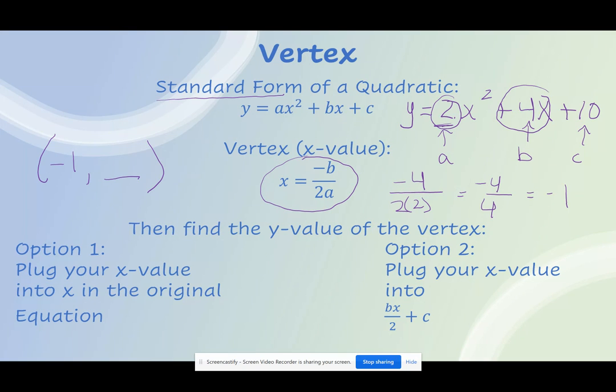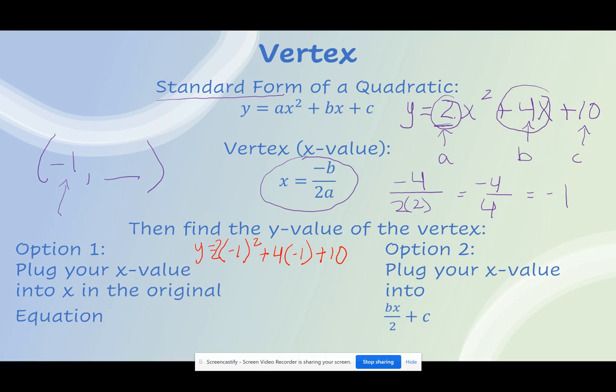Then to find the y value of the vertex, we have 2 different options, so we're going to go through both of them. So option 1 is that you can plug in your x value that you just found, which is negative 1, into the original equation. So you would do y equals 2 times negative 1 squared plus 4 times negative 1 plus 10.